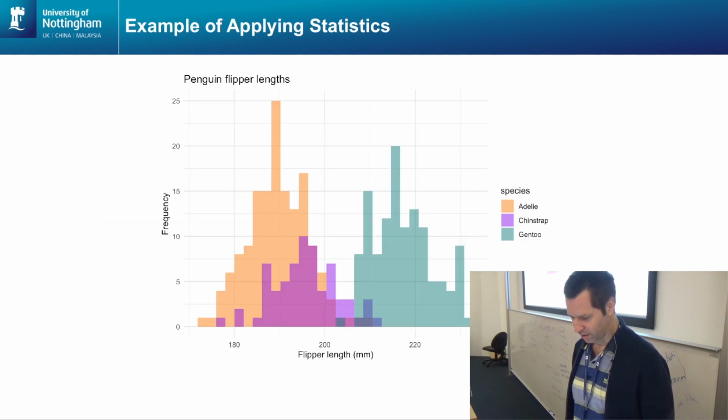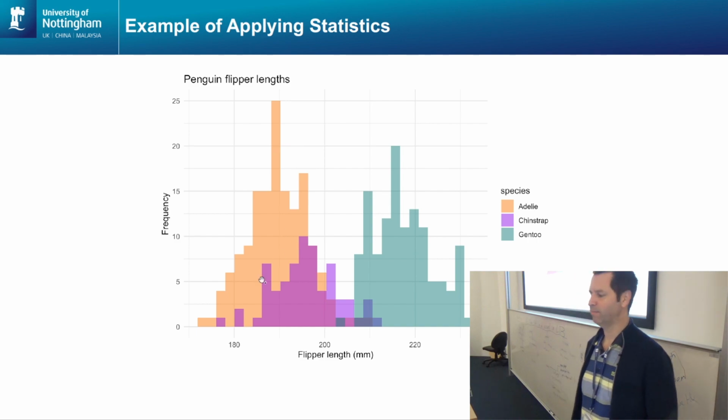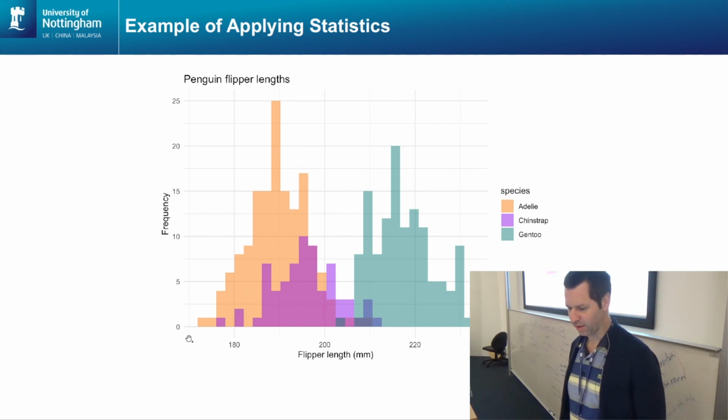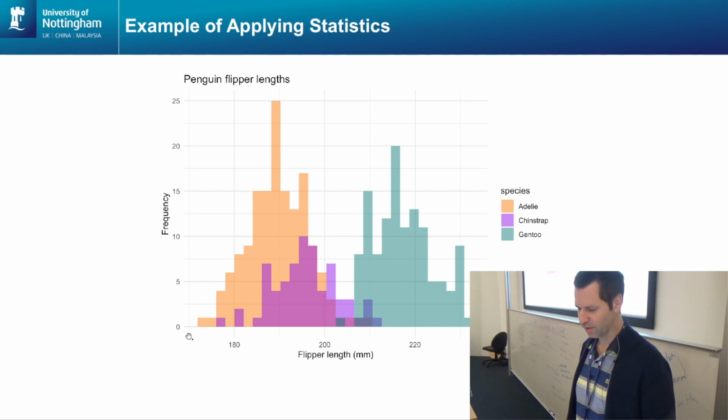Right, here's an example of penguins' flipper lengths, divided into three different groups, or three different species. If we visualize the data, this is a histogram of the lengths of the flippers.